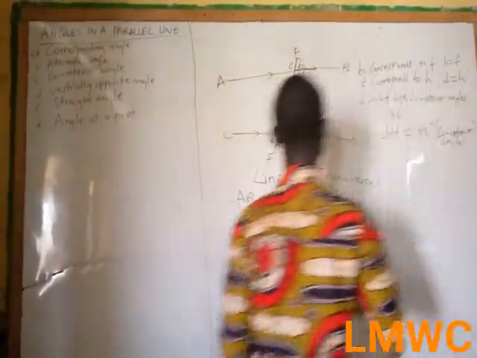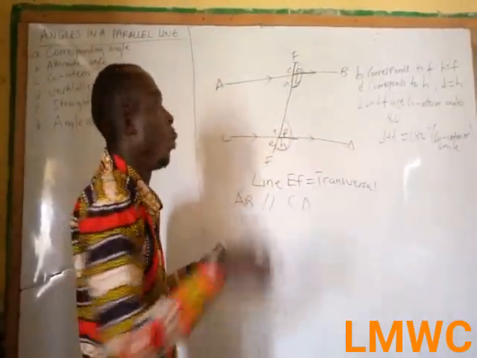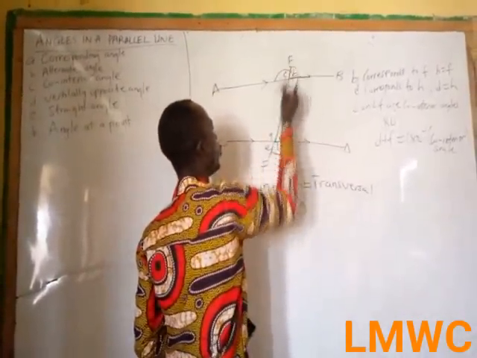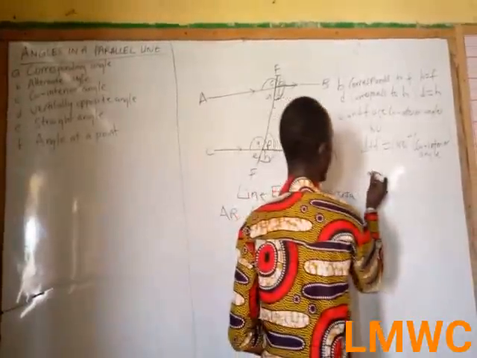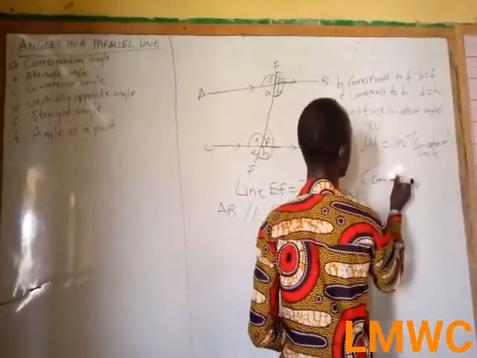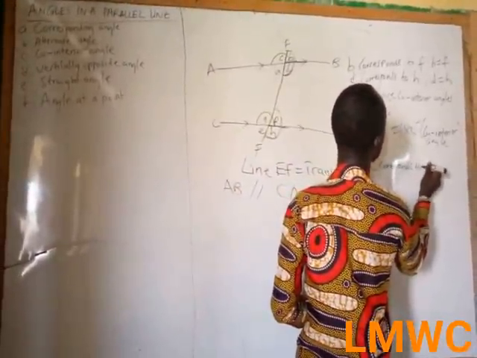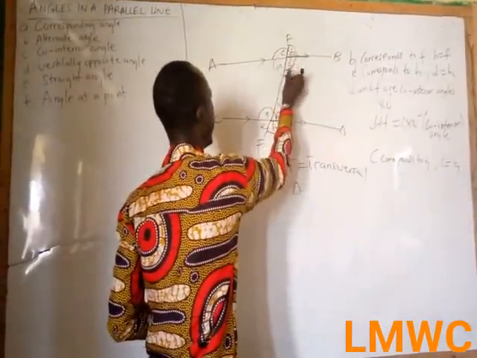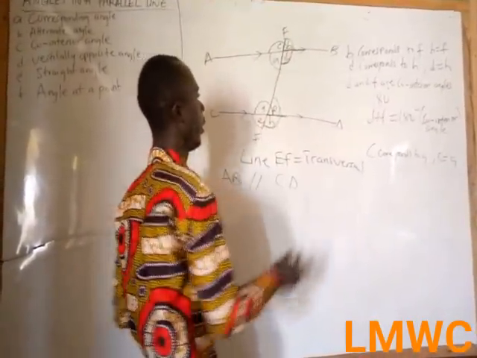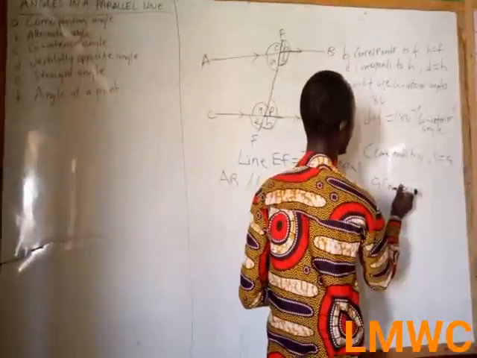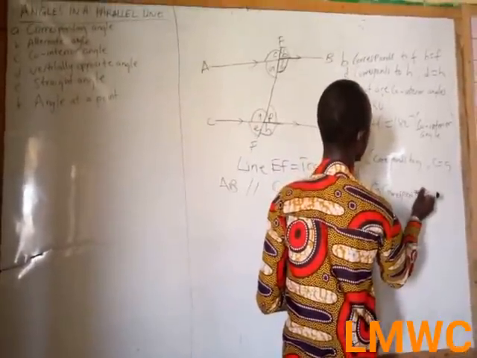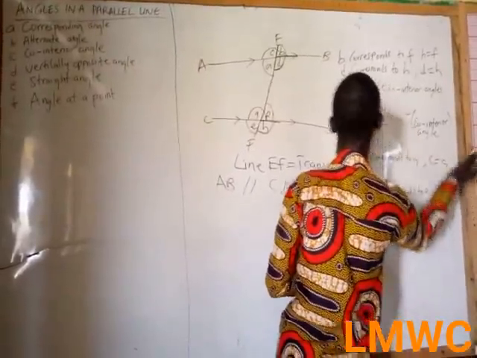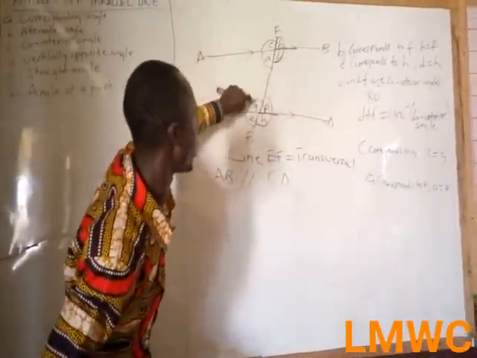Let's take the left hand side. Once we know the right hand side, this side becomes simple. C corresponds to J. This means C is equal to J. A is also equal to E. A corresponds to E. So A is equal to E. We are also having co-interior angles.